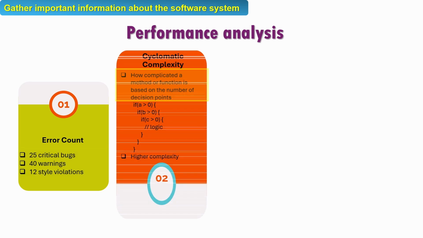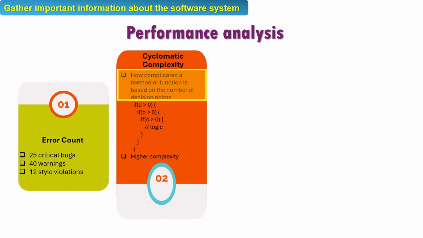Second is cyclomatic complexity. It measures how complex a method or a function is. Higher complexity usually means harder testing, higher bug probability, reduced maintainability. So cyclomatic complexity measures how complicated a method or a function is based on the number of decision points, such as if statements, loops, switch cases, logical conditions.